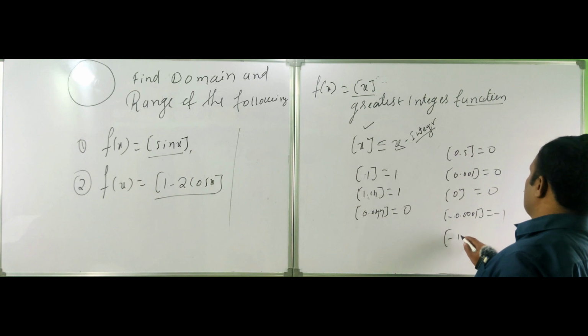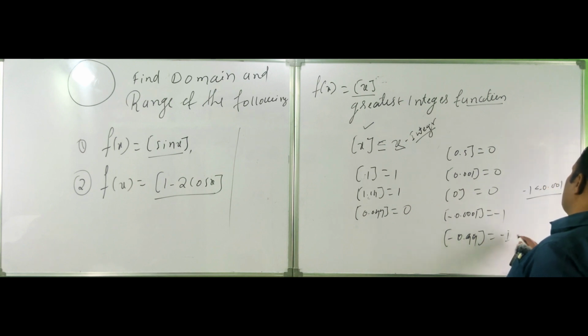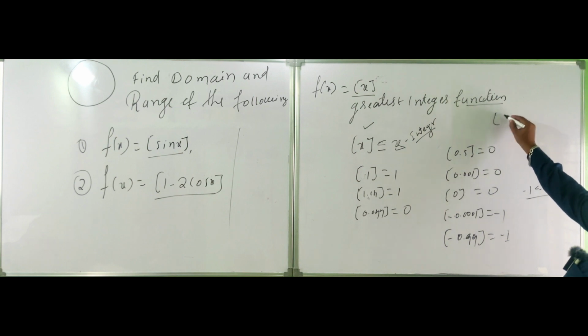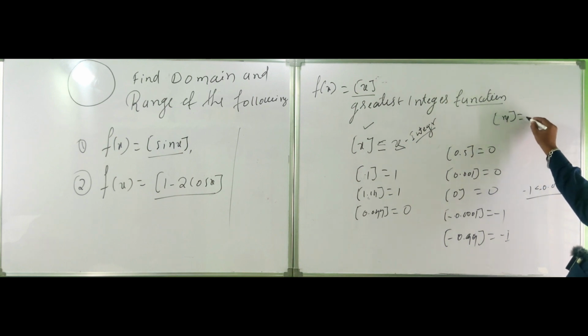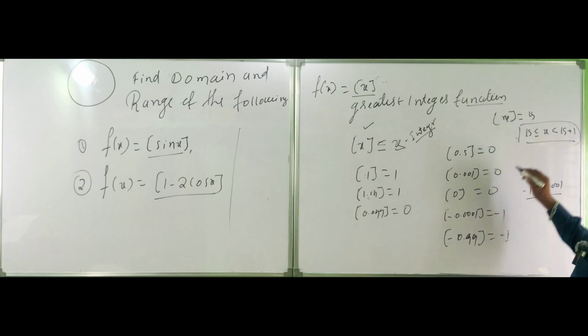Similarly, minus 0.0099 is equal to minus 1. So in the definition we can write floor of x is equal to k such that k is less than or equal to x, and x is less than k plus 1, for any value.